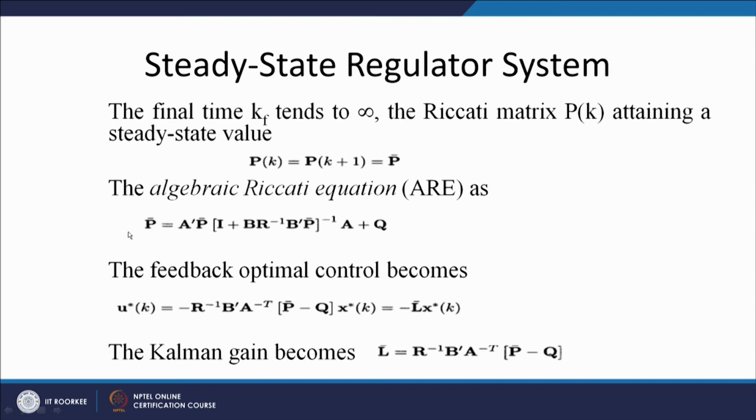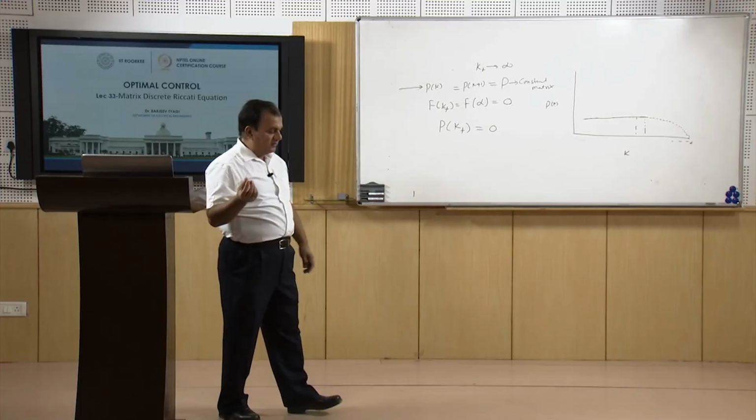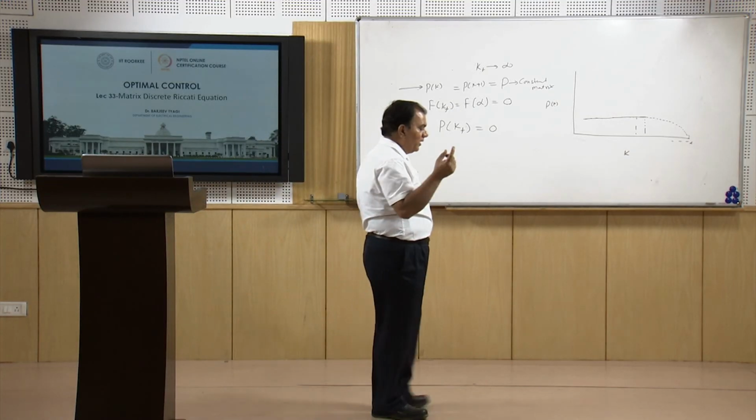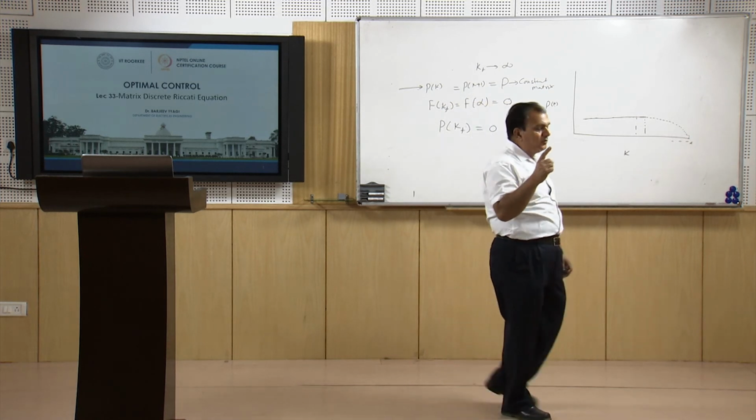So, we can write the P as A transpose P plus P B R inverse B prime P, by which we can also find out the U star as R inverse B prime A minus transpose P minus Q, which will be the value of the L. So, my Kalman gain here becomes R inverse B prime A transpose P minus Q. Again in this case, as we have seen, we require the inverse of the A transpose.